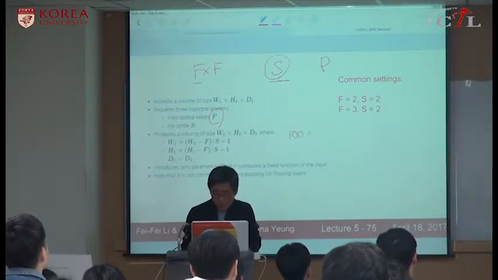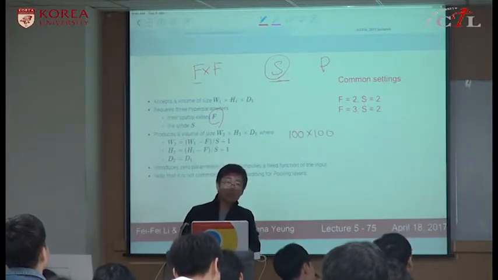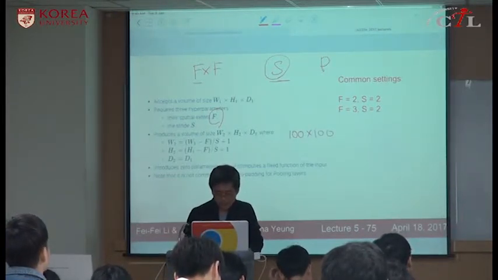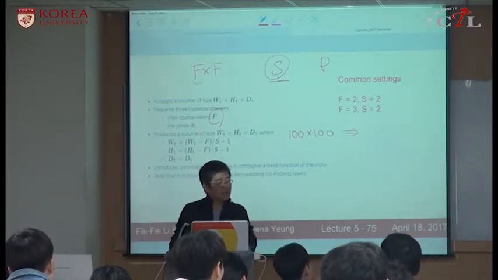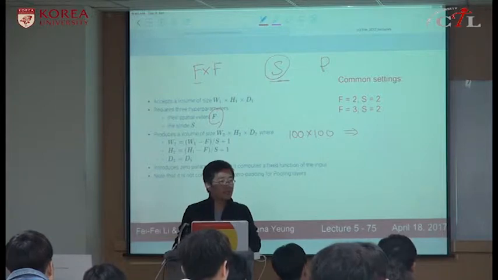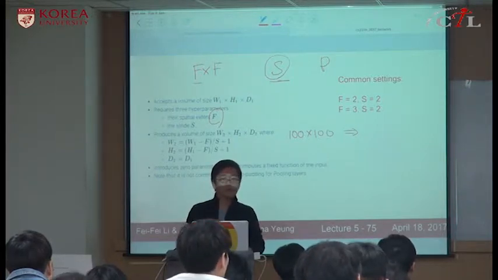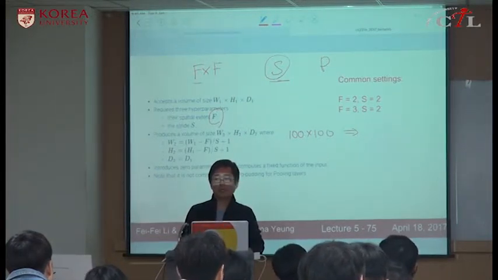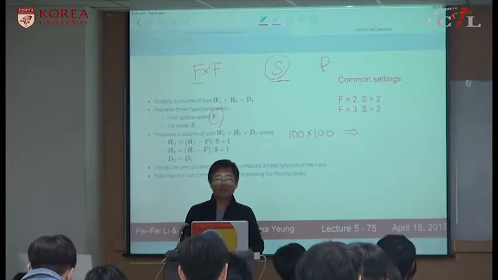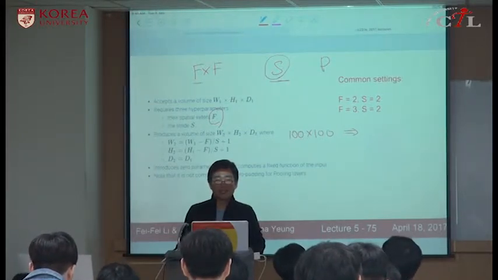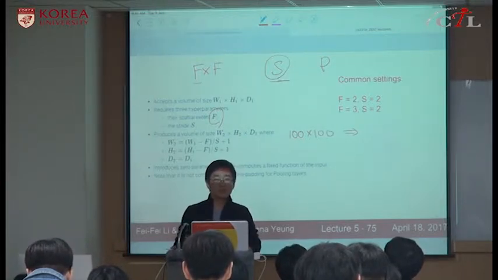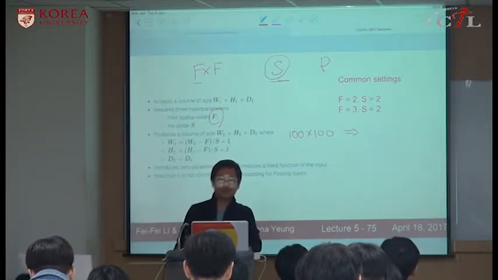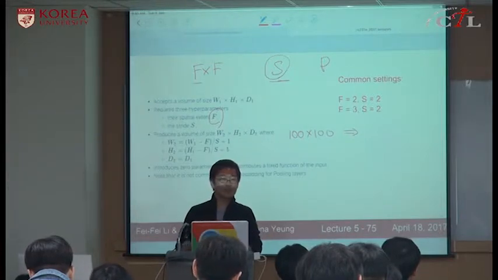Suppose our image size is 100 by 100, and we can think of resizing operations of the given image. If our original picture or photo has a really large resolution, we would sometimes resize it so that it has a smaller resolution.